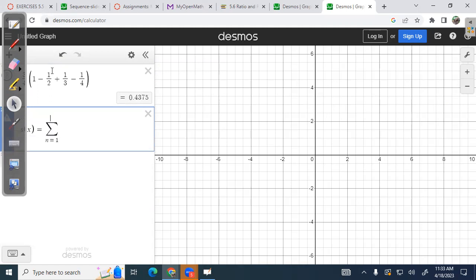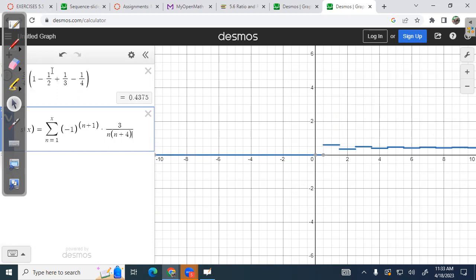So I'm going to write this as a function. Sum as n goes from 1 to x of -1 raised to the power n plus 1 times 3 divided by n times parentheses n plus 4.